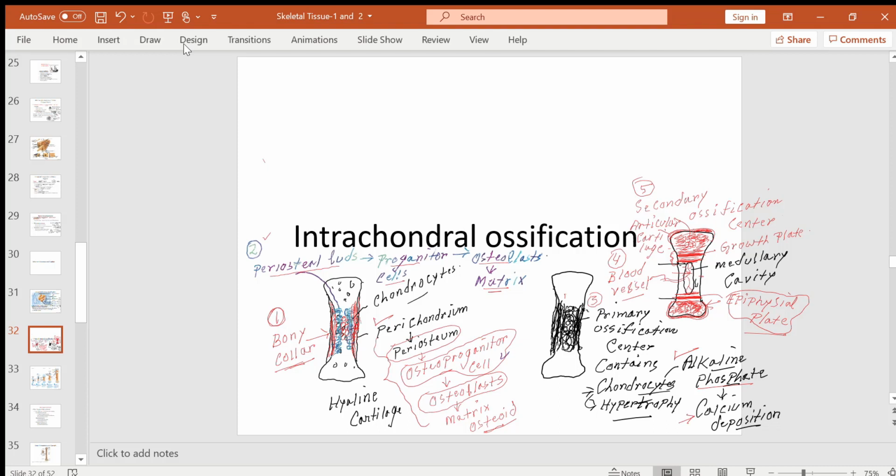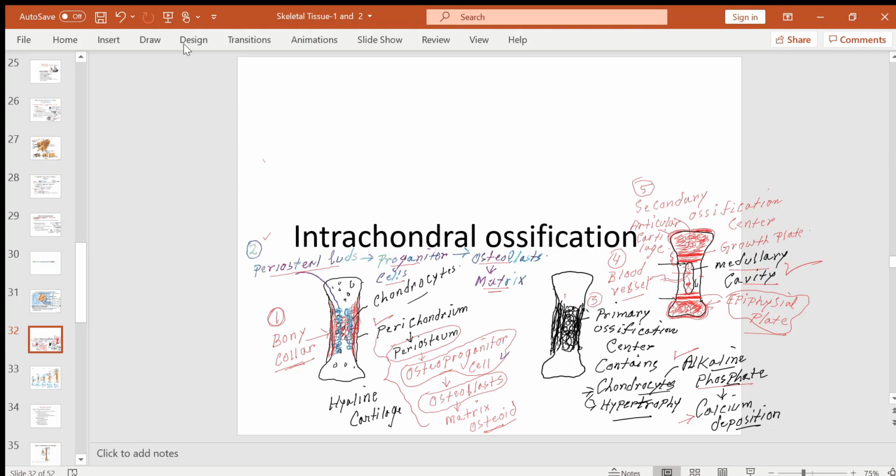So a lot of calcium deposition will occur in the newly formed matrix. That's how bone tissue will be formed in the shaft. Since the chondrocytes are getting bigger, at one point they will die and burst. So a space will be created in the shaft, and that is the medullary cavity formation.